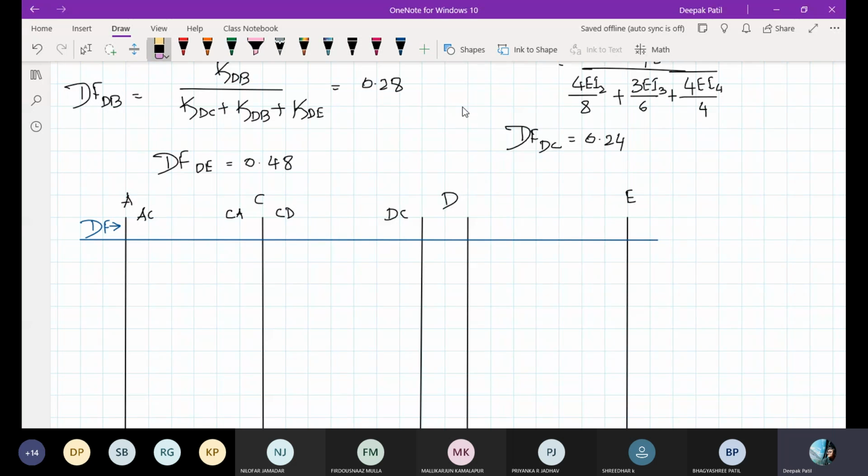Just let me draw it correctly. This is DB, DE, and ED.